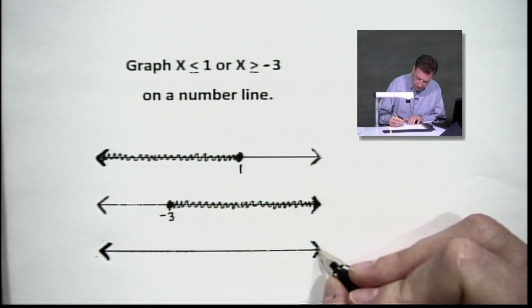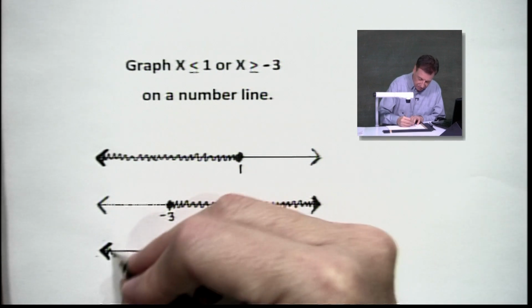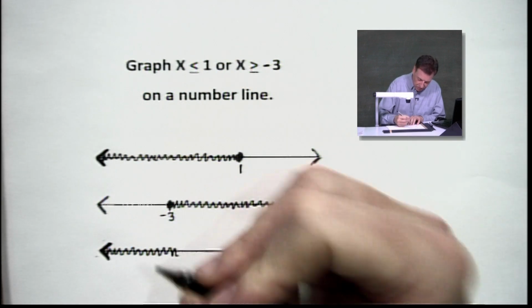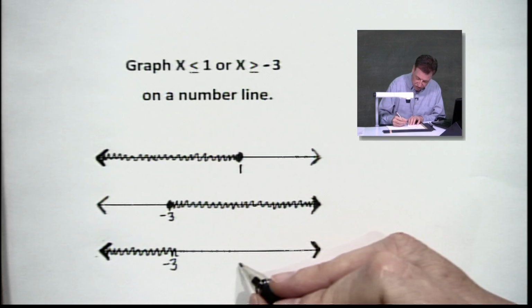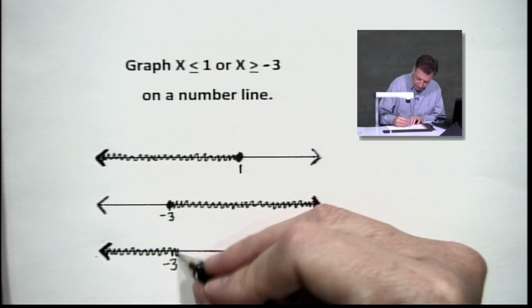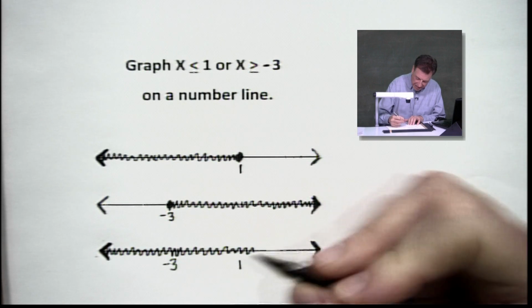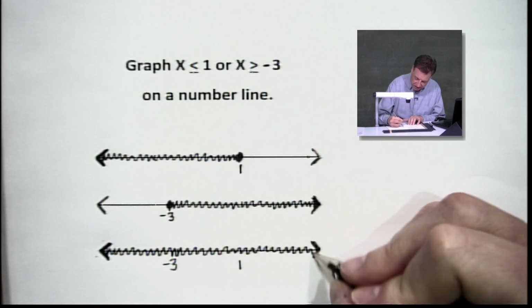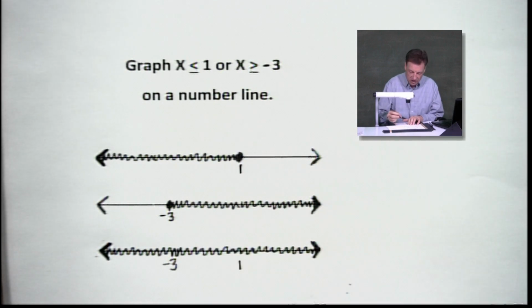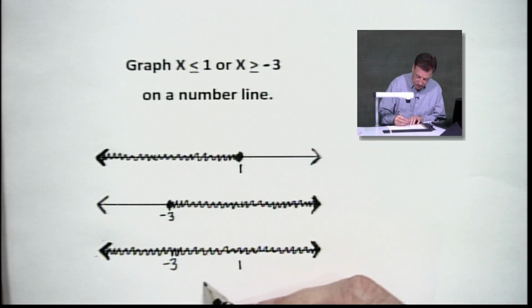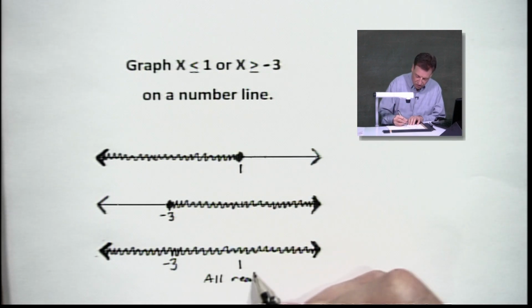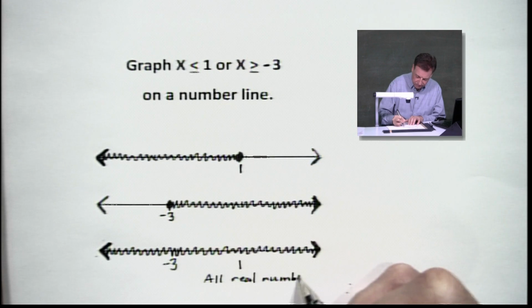This one is going to be everything. All real numbers. We'll just put the -3 in there just for those of you who like to see them. There's the 1. But we just go blasting right through because they're already included. Those points are already included. So this one, dear friends, the solution, all real numbers.